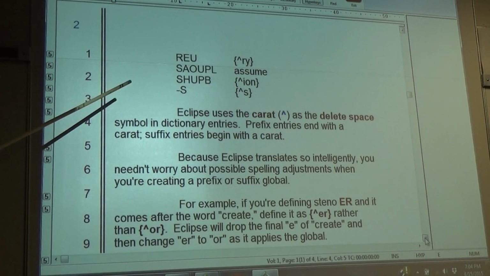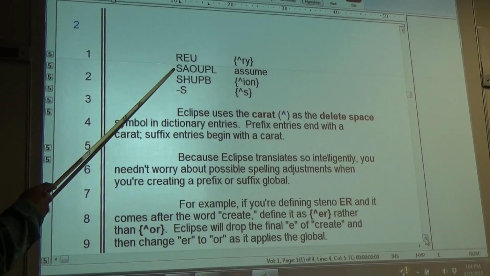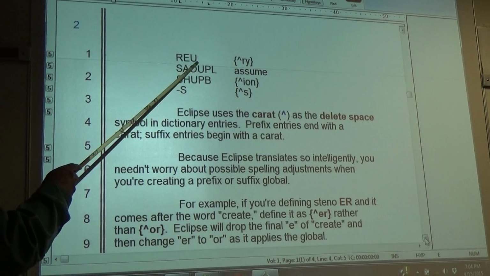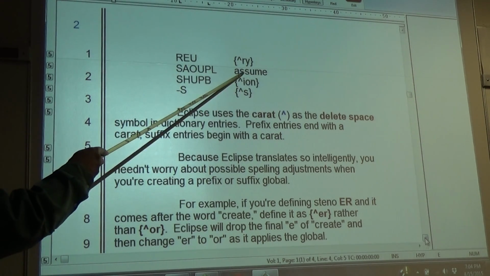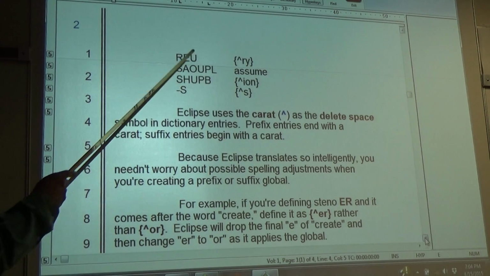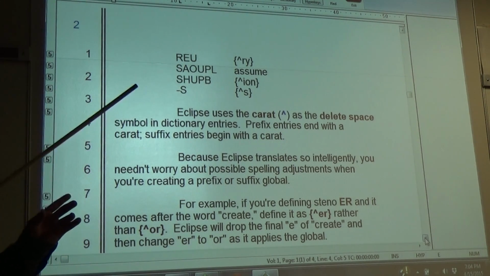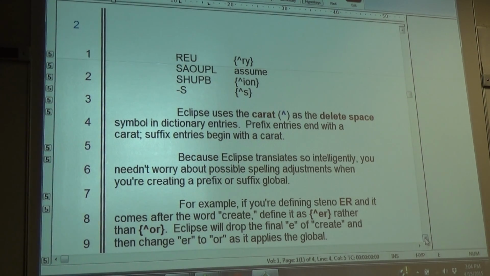So if you change it and write resume this way, well, sume is assume, and re is already a prefix. But if you put them together, I don't know if I'm even saying that right. Well, if you put them together, you'll have reassume. And you don't want that if you want the word resume.